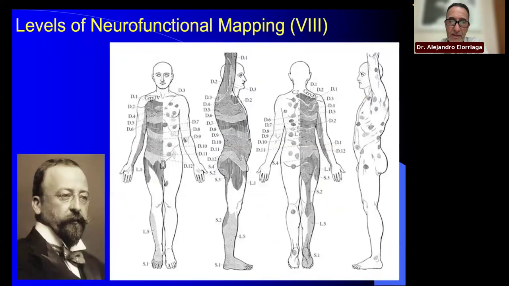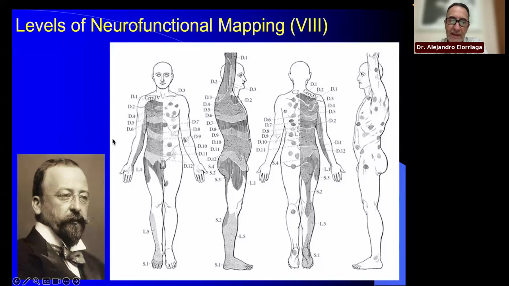This is the first map of referred pain by Henry Head, the English physician, who was at one point the head of the journal Brain. This is from the 1800s.